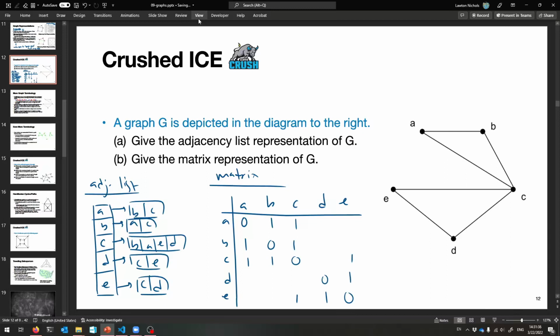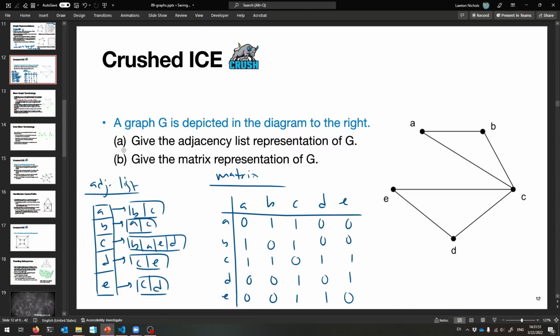And then C and D, and D and C. So I think if I did it correctly, that counted for everybody. And then there's just a bunch of zeros representing the idea that there are no edges between those other pairs of vertices.